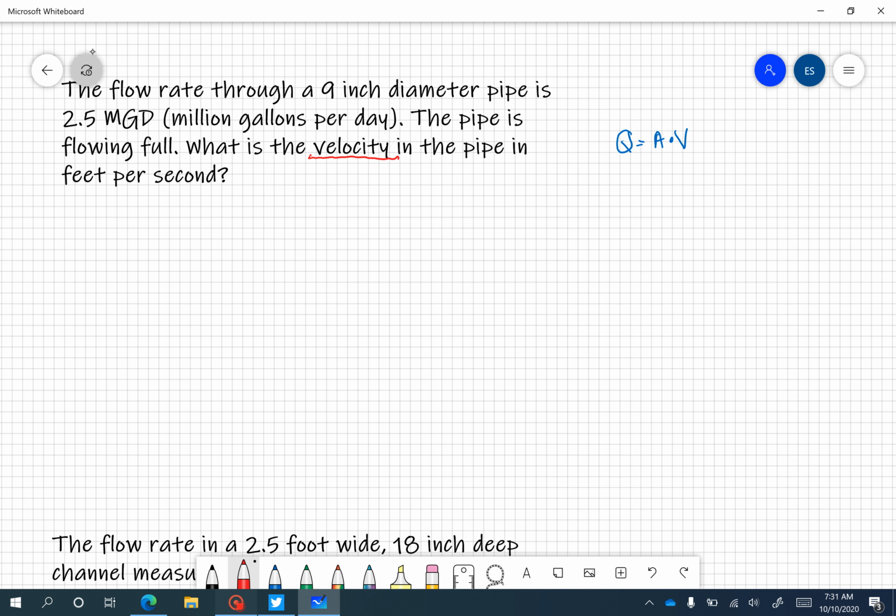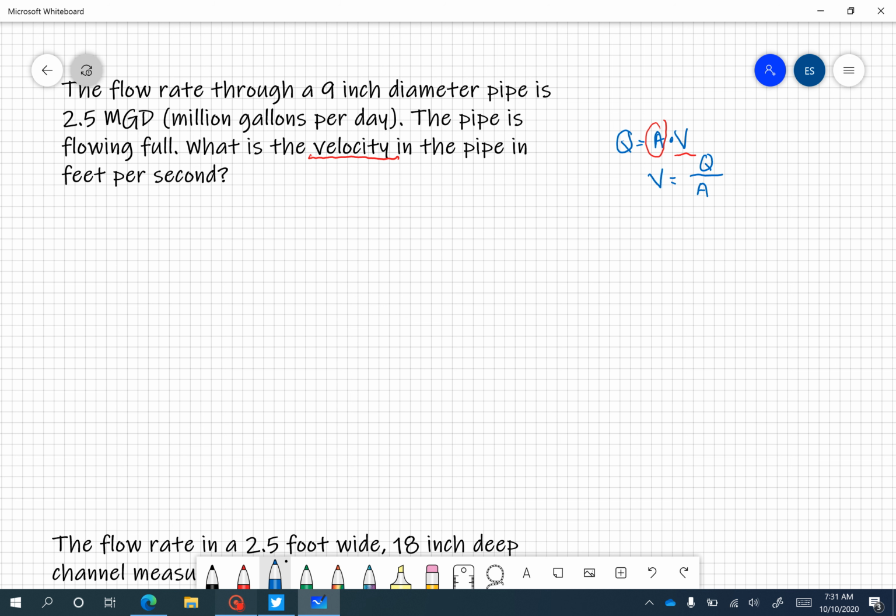If we want velocity on one side, what can we do? We can divide both sides of the equation by A, right? Hopefully this is starting to come back to you all. So we can rewrite this formula as velocity equals flow rate divided by area.